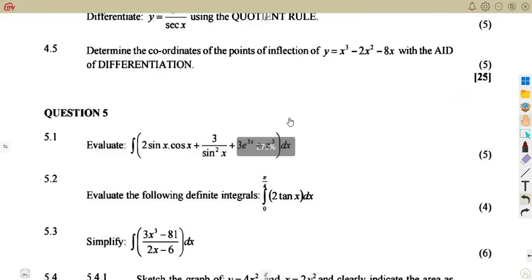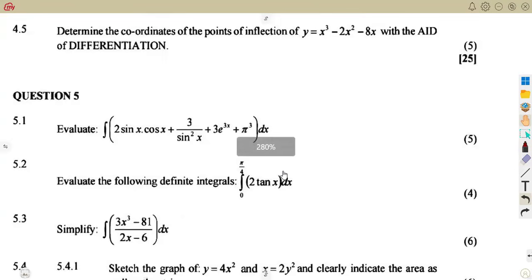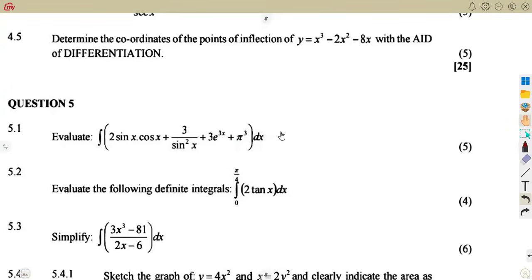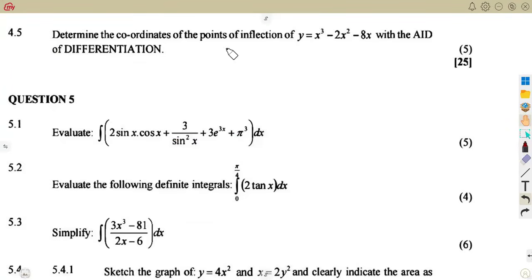4.5, determine the coordinates of the point of inflection on this one with the aid of differentiation. At the point of inflection, the second derivative of y with respect to x must be equal to 0. So we must determine the second derivative.